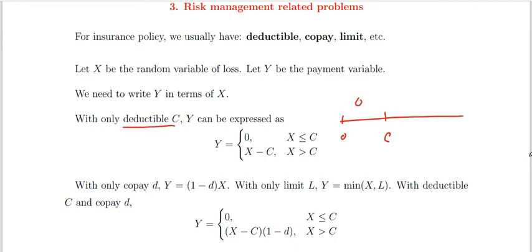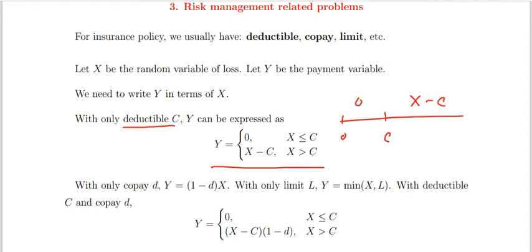Then larger than C, they will not pay all, just pay X minus C. So the payment Y is thus. We call C the deductible. Like if you have a $500 deductible, the first $500 you pay by yourself. If more than $500, you still need to pay $500, then the remaining the insurance company will pay.